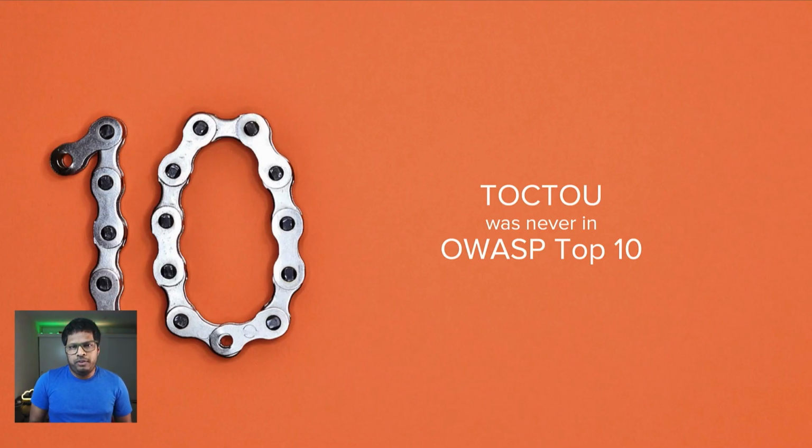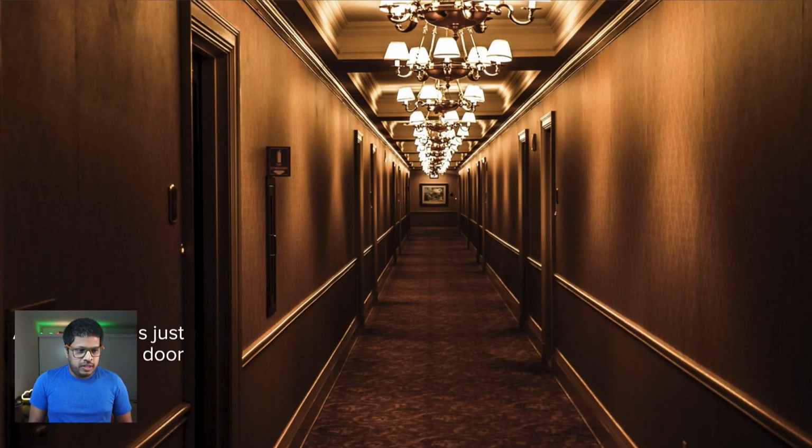TOCTOU was never in the OWASP Top 10 or SANS 25, but that doesn't mean it is a vulnerability that can be ignored. In most cases, attackers need just one open door to get into the system.